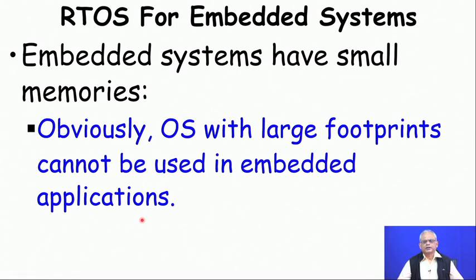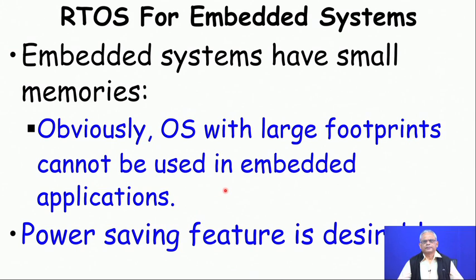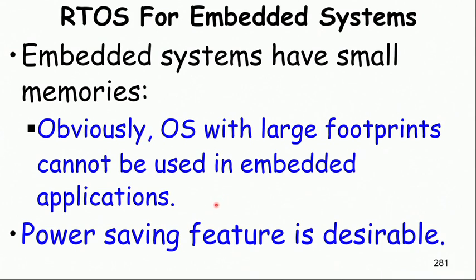Also, if the real time operating system is to be used for embedded systems, then the size of the operating system, sometimes called the footprint of the operating system, needs to be very small. The other feature that is desirable for embedded applications is the power saving feature.